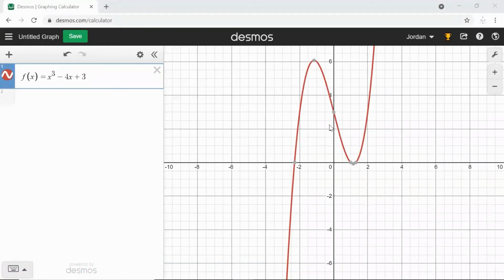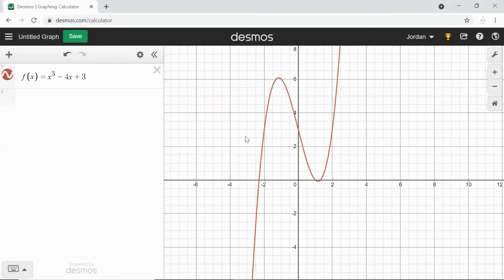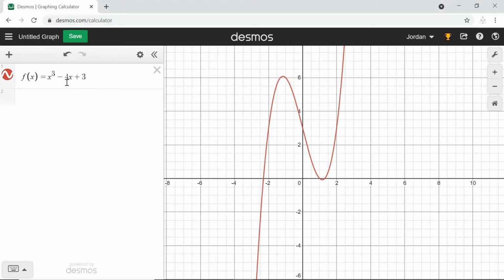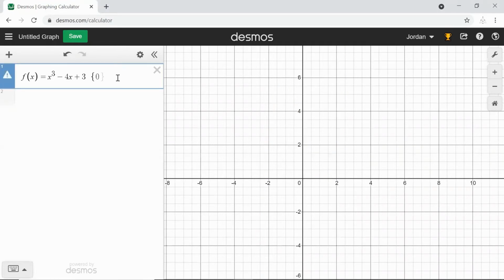What I've done is I've graphed the function f of x equals x to the third minus 4x plus 3 in Desmos. We see the graph of this at any interval, but we can specify the interval from 0 to 3.